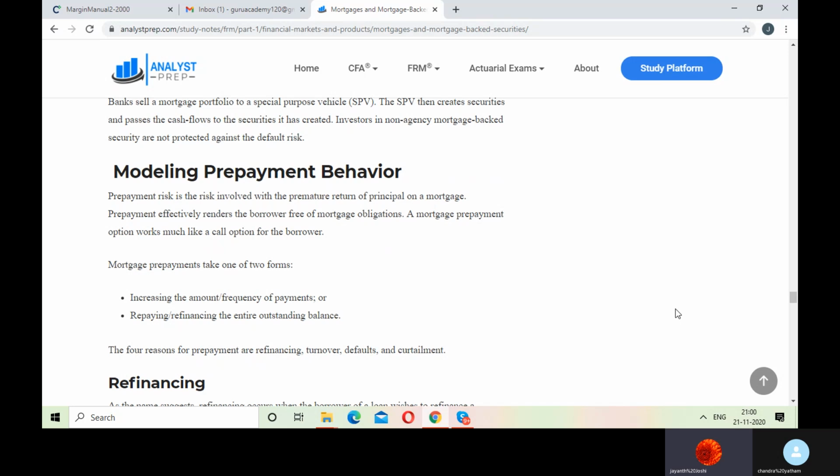Prepayment risk is the risk involved with premature return of principal on a mortgage. So prepayment effectively renders the borrower free of mortgage obligations. A mortgage prepayment option works much like a call option for the borrower. Why a call option? As time passes, you want to pay off whatever liability you have.